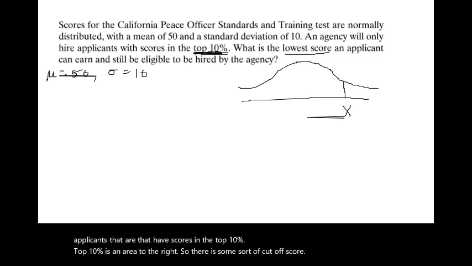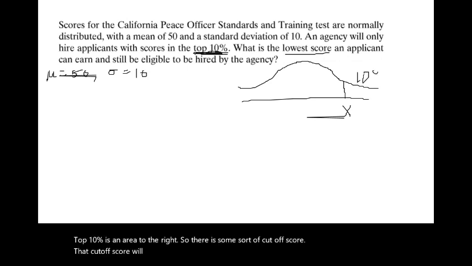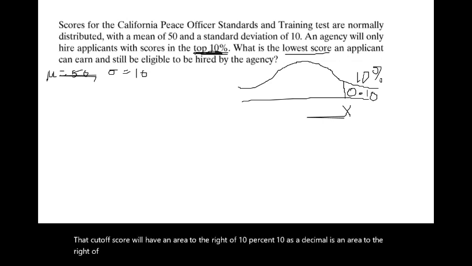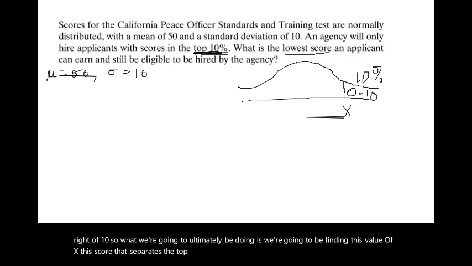That cutoff score will have an area to the right of 10%. 10% as a decimal is an area to the right of 0.10. So what we're going to ultimately be doing is finding this value of x, this score, that separates the top 10% from the rest of the scores.